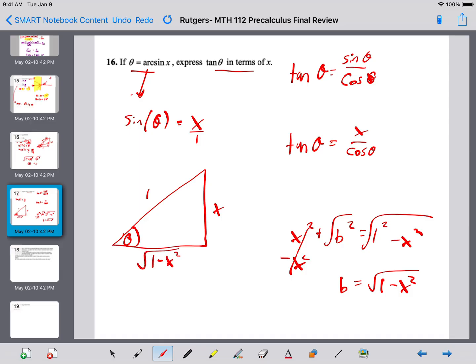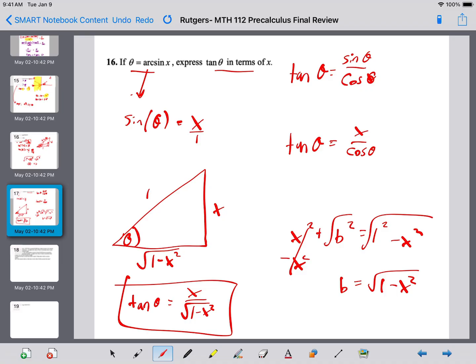And then tangent is your opposite over your adjacent. So your opposite is x. Your adjacent is square root of 1 minus x squared. And this is probably more in terms of x, like how they would probably prefer it. So what we wrote before wasn't incorrect. It's just now there's only data around the tangent.